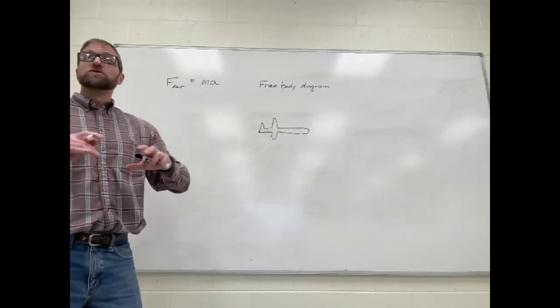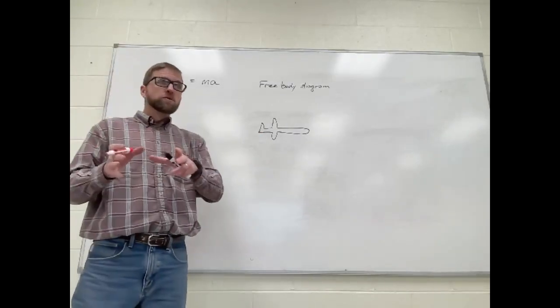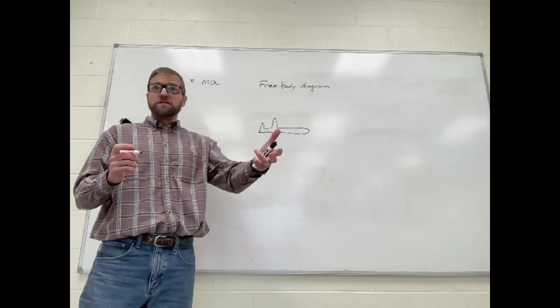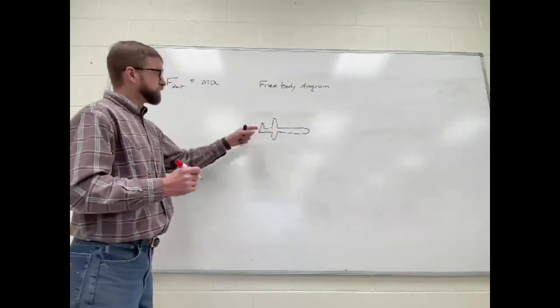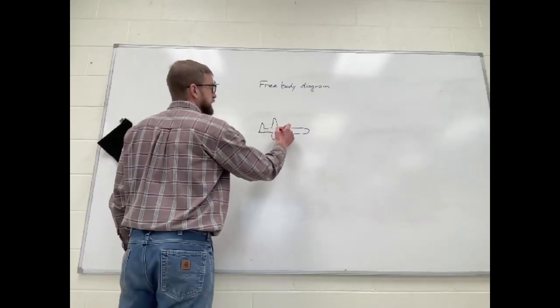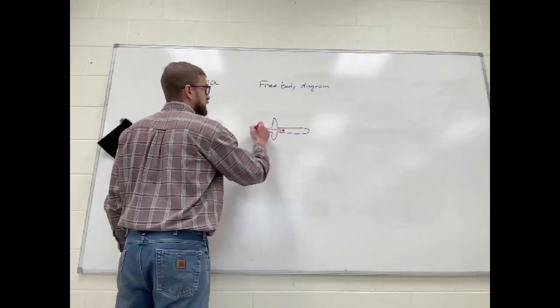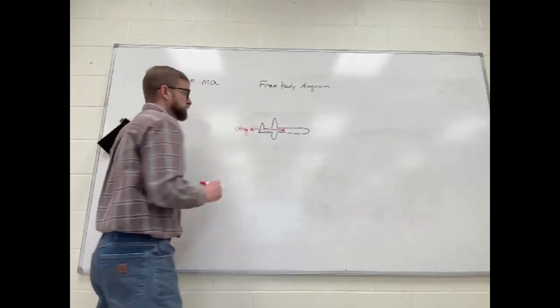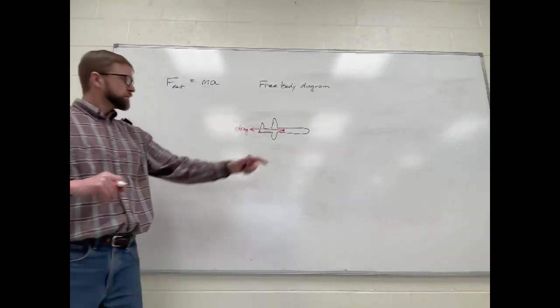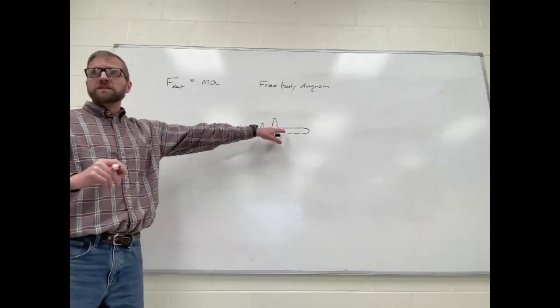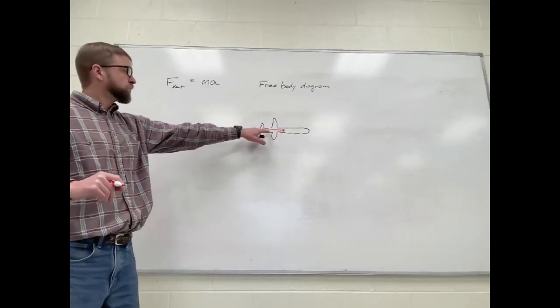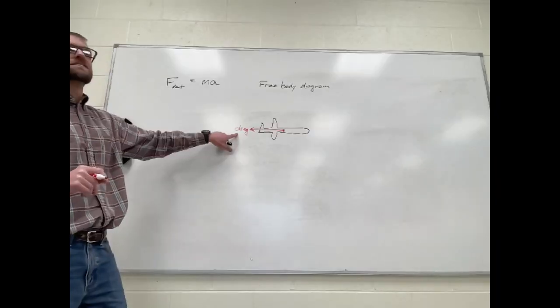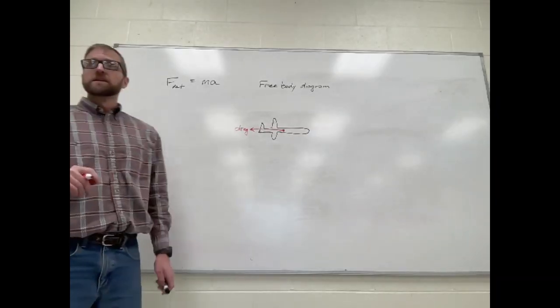So drag always opposes the motion. So when it's flying through the air, there's going to be a drag force vector like this. So we put a point on the airplane, and we draw an arrow, and we label that. That's drag.